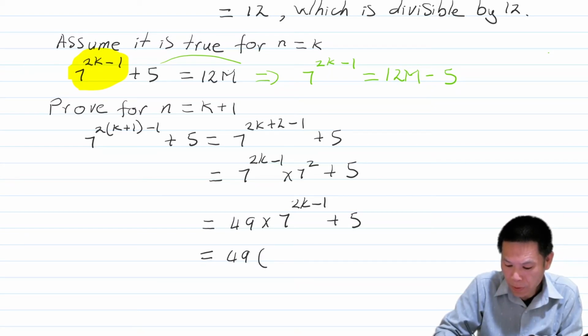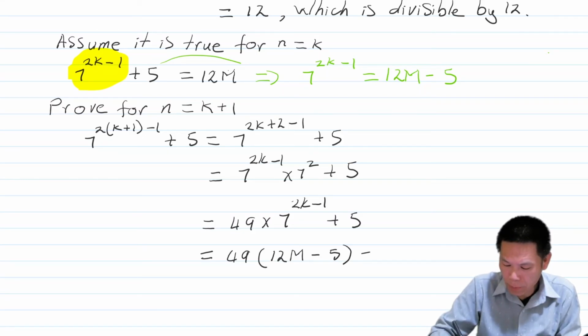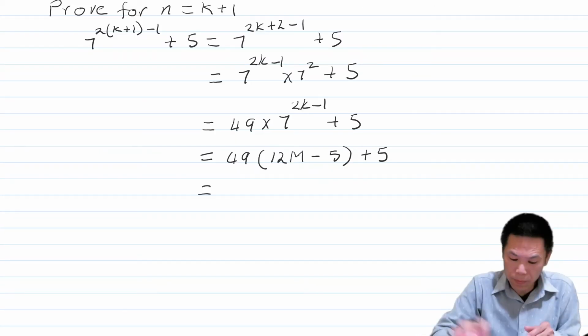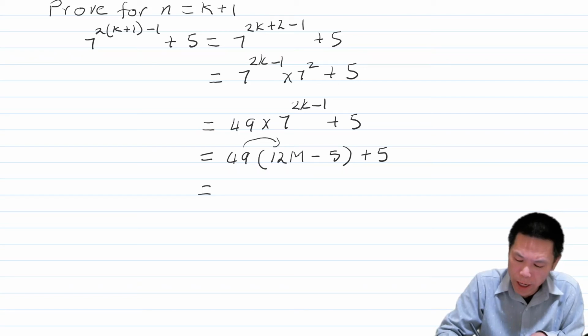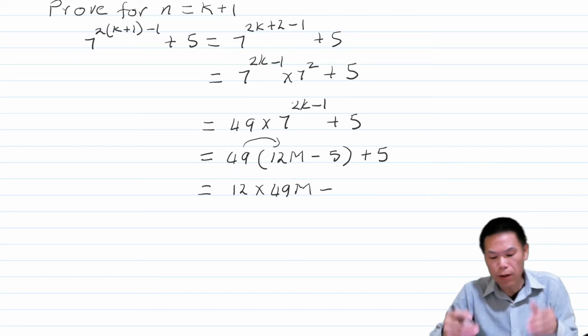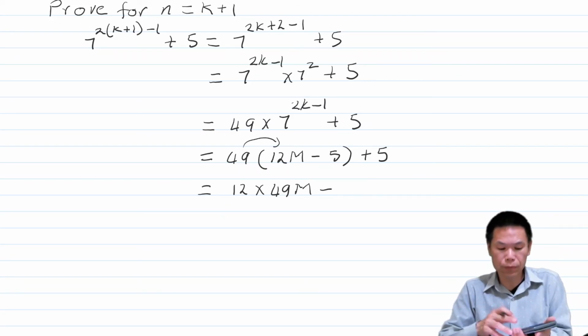Equal to 49 times 12m minus 5, and we add 5 here, of course. Now I just expand it. So 49 times 12m, I just write 12 times 49m, minus 49 times 5.